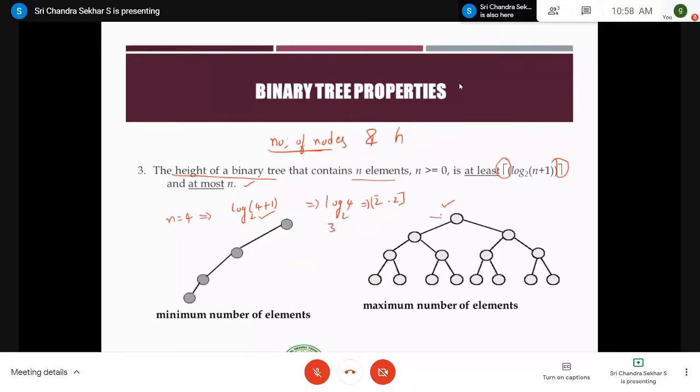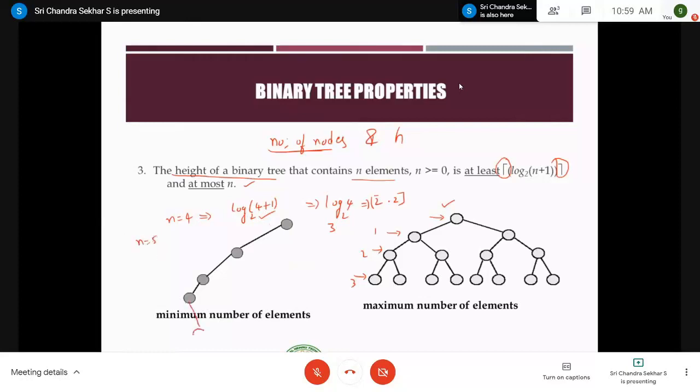For example, you take this one, it is height 0 and it is 1 and it is 2 and this is 3, right? Therefore, if we have n is equal to 4, we have at least log n plus 1 base 2 height and at most n. For example, if you take n is equal to 5, you consider this one.